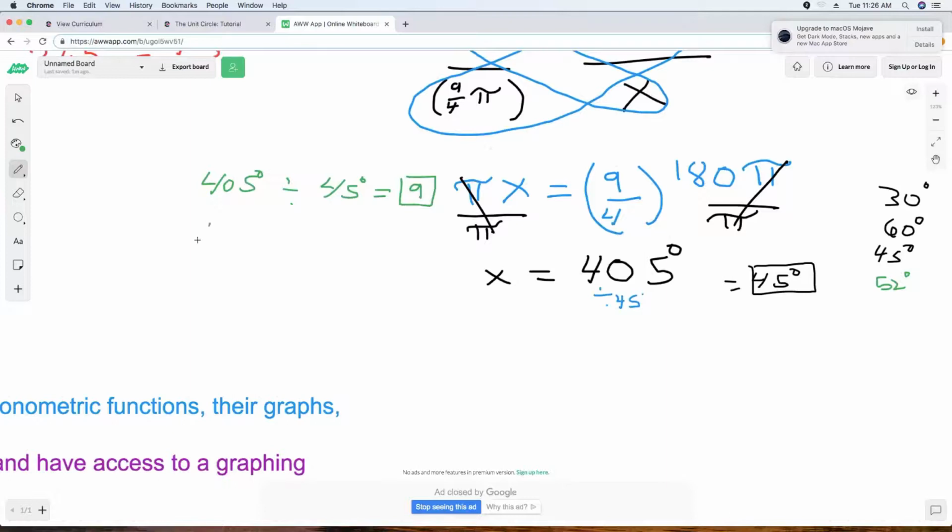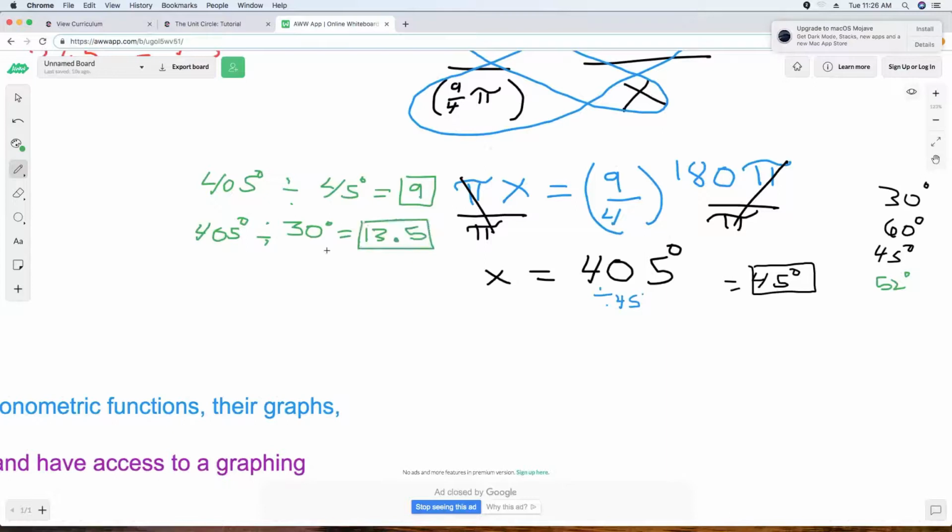Now what I mean by that is if I divide 405 by any other angle from the list, let's say 30, my answer is going to be 13.5.